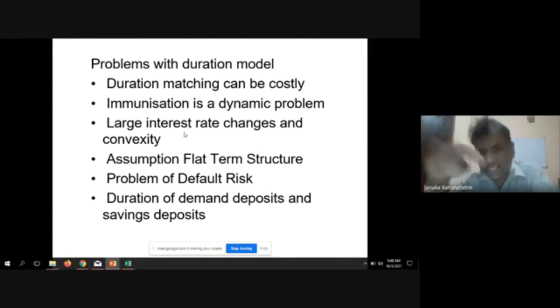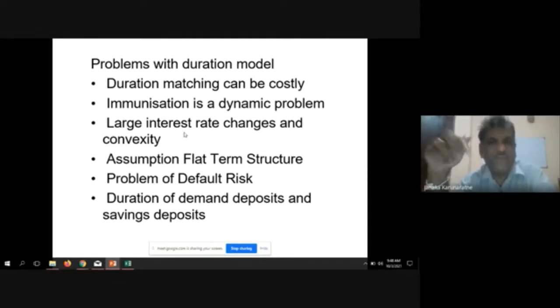Flat means it's a straight line, and movements are also parallel. But it may not be the case. Remember, there is a basis risk or the yield curve risk.